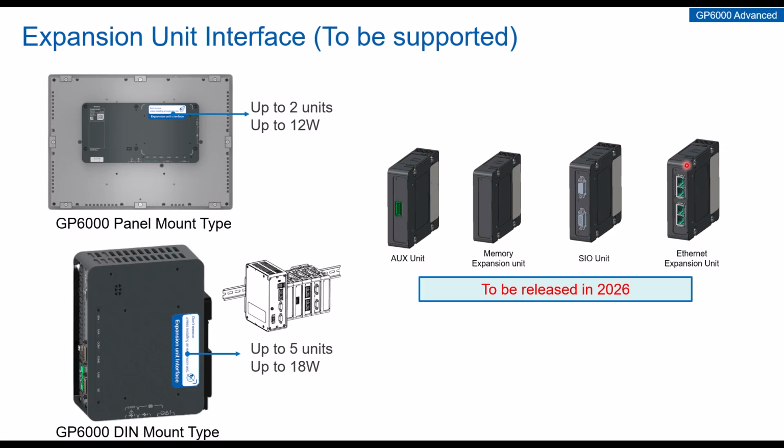Note that this is a switching hub, so this gives us 1 additional IP address with 4 additional ports. And within the system menus now in the GP6000, you can set up IP. You could forward your IP traffic between ports.